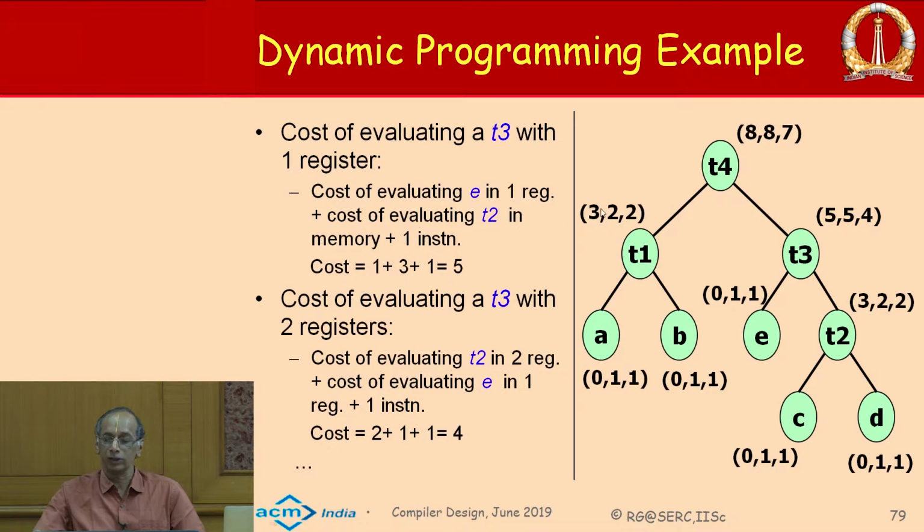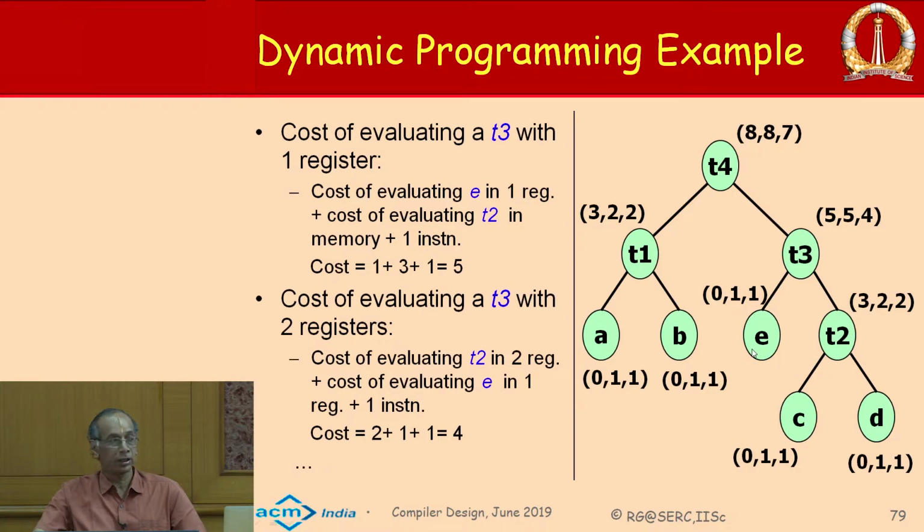That is really what it is. Now, let us look at this particular example, which shows you that. Let us first find out the cost of evaluating T3 with 1 register. If I have 1 register, obviously the left child has to be in the register, the right one has to be in memory, okay. But then what does it mean?